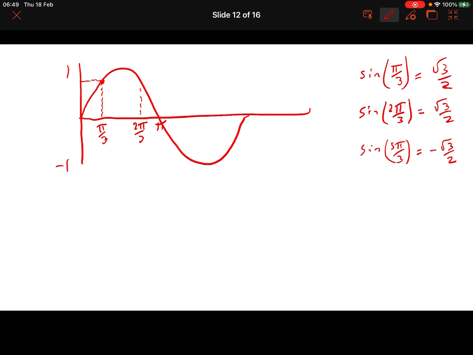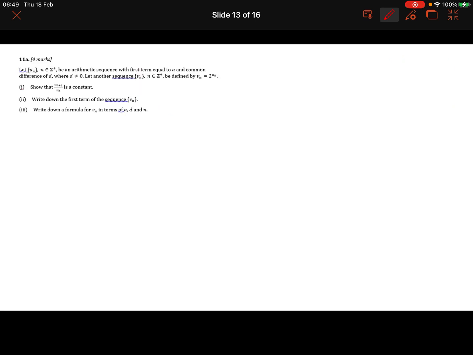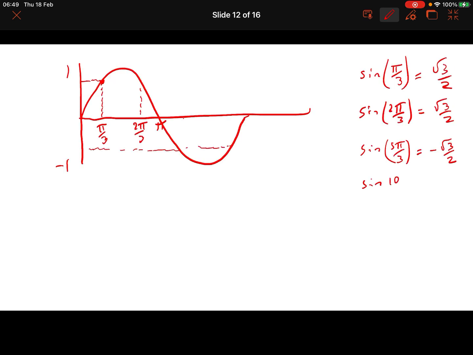That's pi over 3, 2 pi over 3, 3 pi over 3. It'd be here somewhere. Okay, and 10 pi over 3 will surely be in the same place, just further along. So sorry, sine of 10 pi over 3 is also minus root 3 over 2.